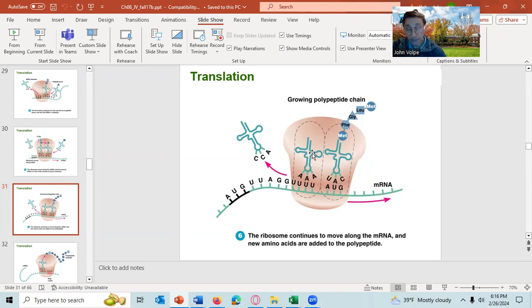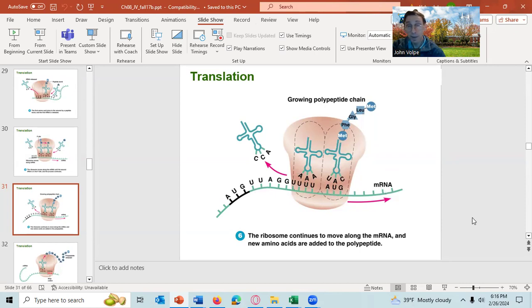The ribosome doesn't. It's actually the tRNA which reads the messenger RNA. But the ribosome allows for protein translation to happen, and this is where protein translation occurs, at the ribosome. And you do need the messenger RNA and the tRNA to come in and help in protein translation.